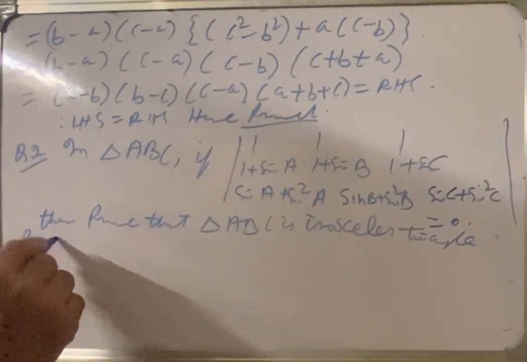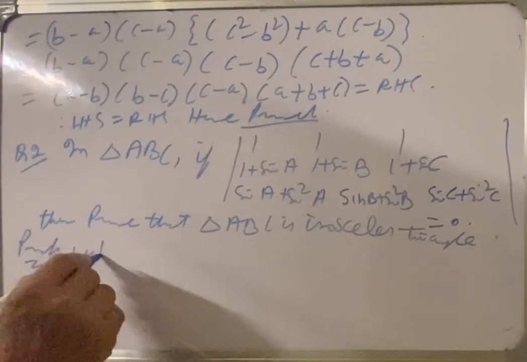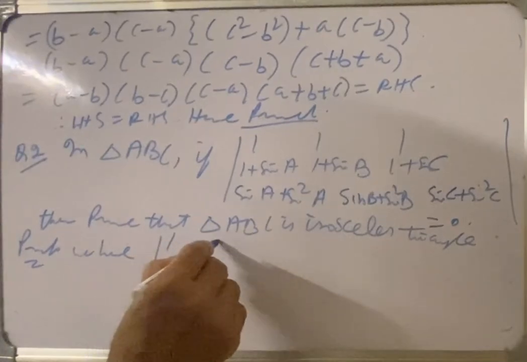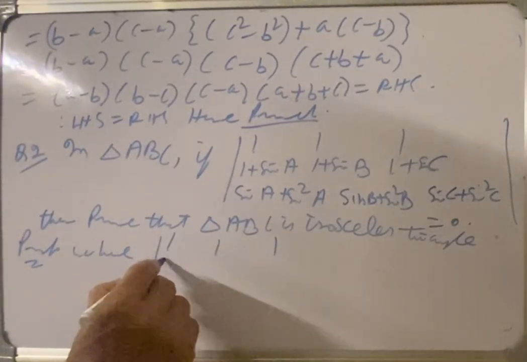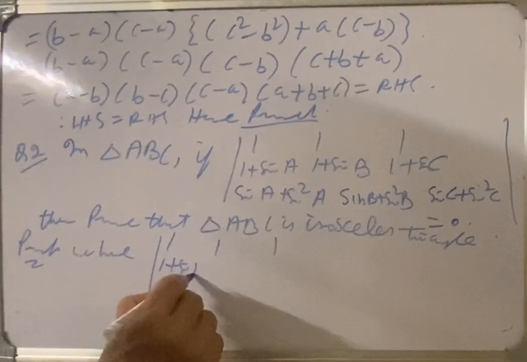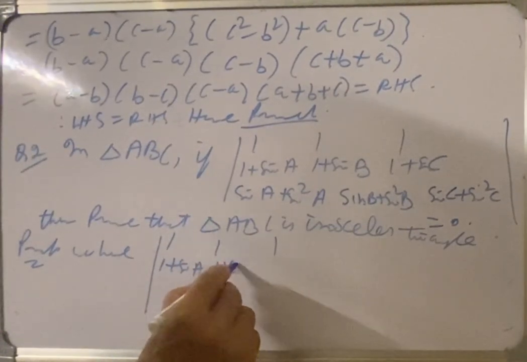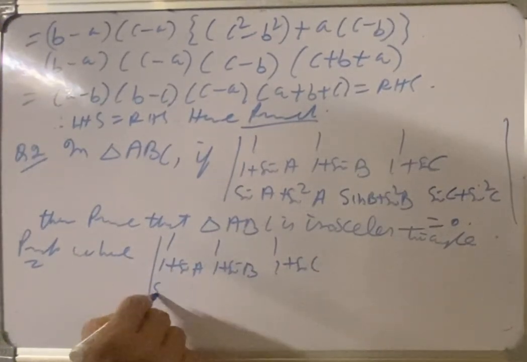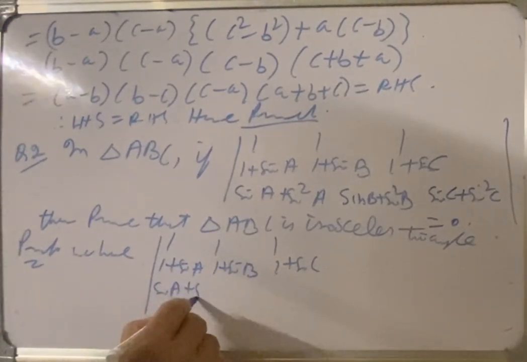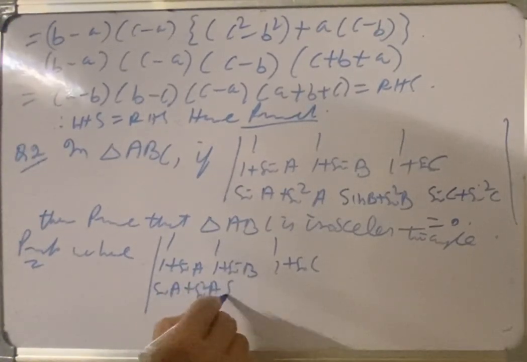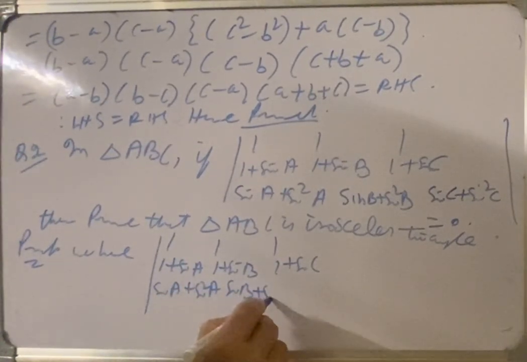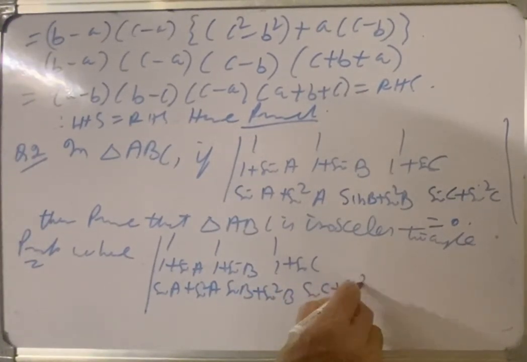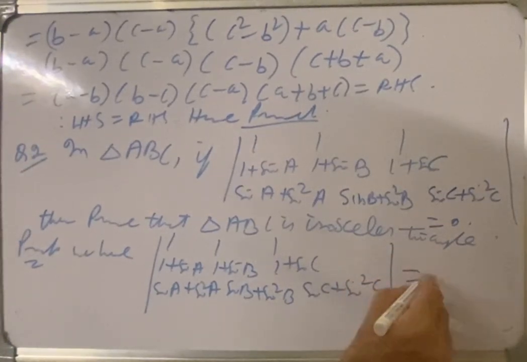Proof: we have determinant 1, 1, 1, 1 plus sin A, 1 plus sin B, 1 plus sin C, then sin A plus sin square A, sin B plus sin square B, sin C plus sin square C is equal to 0.